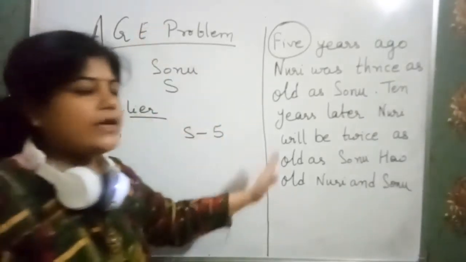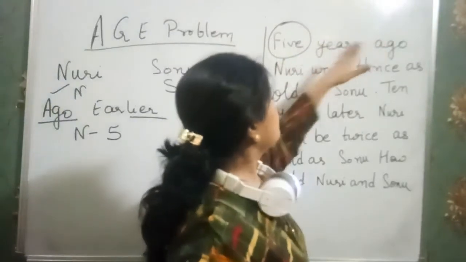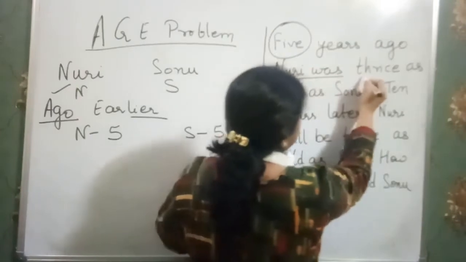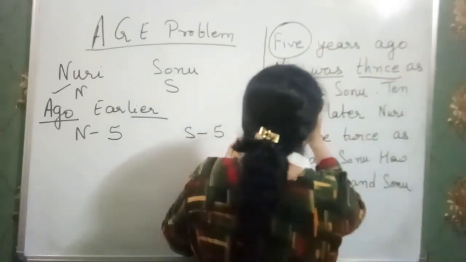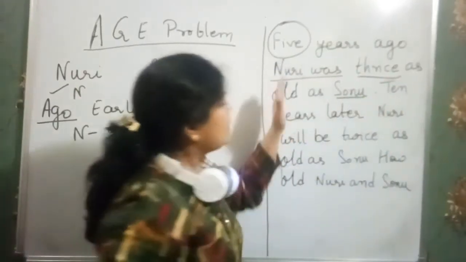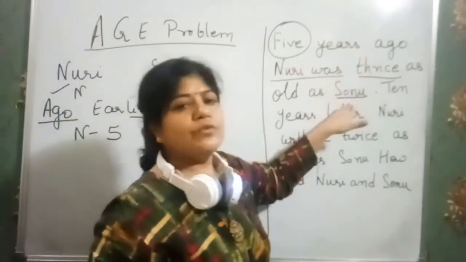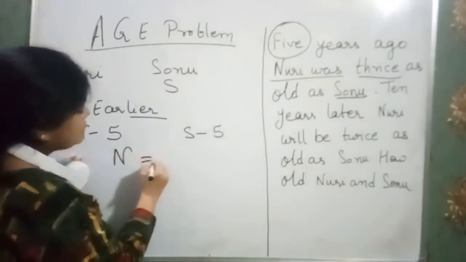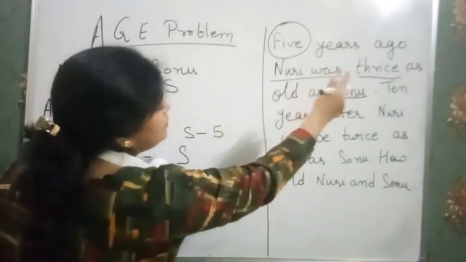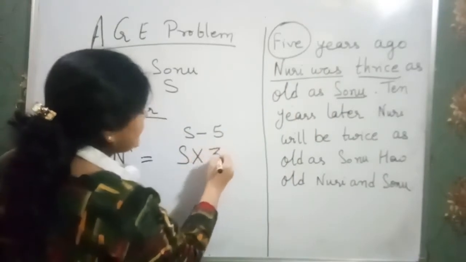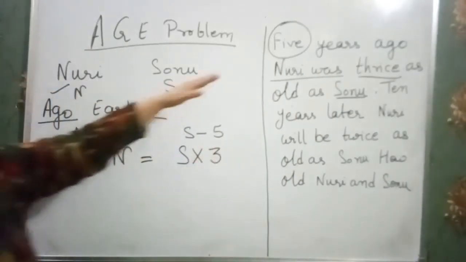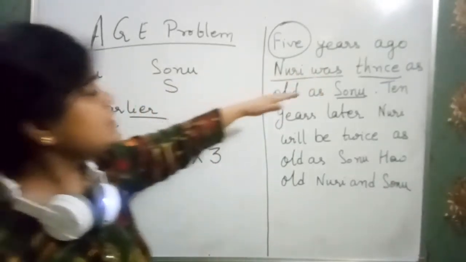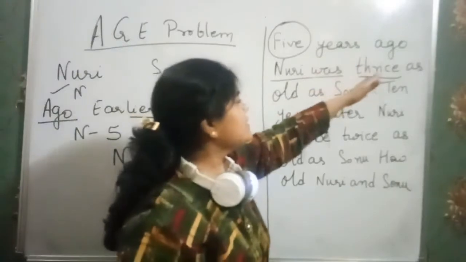Now read the question. 5 years ago, Noori was thrice as old as Sonu. Noori was thrice Sonu, which means we have to multiply by 3.